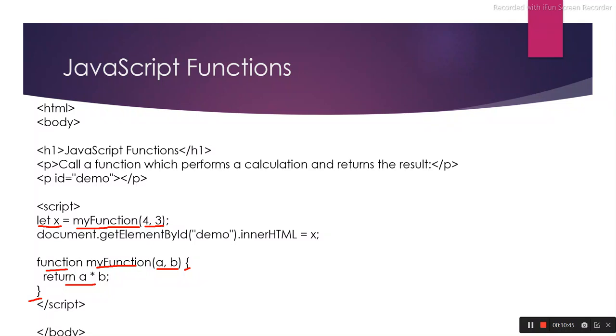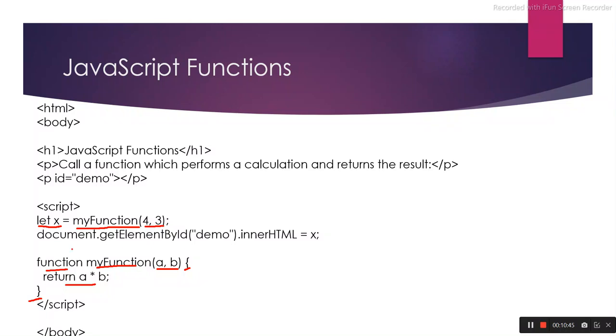Previously we have been discussing calling the function during the onclick event. For example, when I click a button, I will call the function and get the work done. But here there is another way I want to show you. You can write the function inside the script, and you can also call the function inside the script itself.